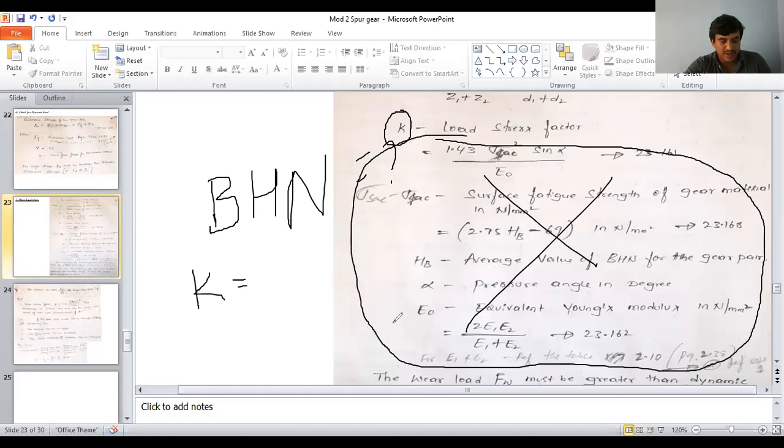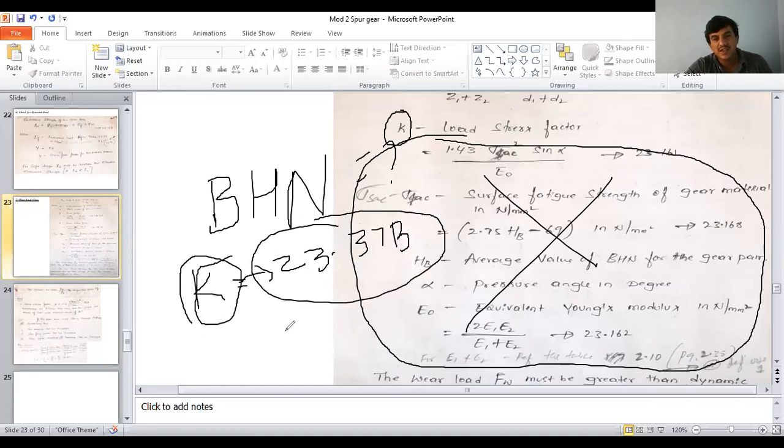Please write down table 23.37b. Once we calculate the K value from the above equation, the only unknown is K. Fw equals D1 B Q K, which is greater than or equal to FD. FD we already know. From this you calculate K. Once you calculate the K value, refer to table 23.37b.